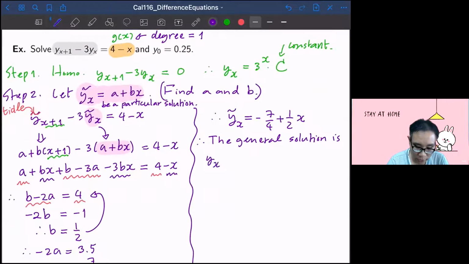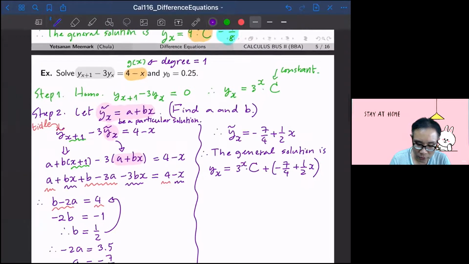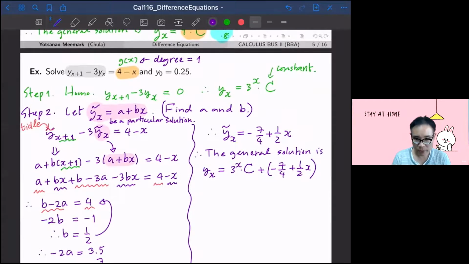Okay, so y(x) equals 3 to the x times C, and you're going to add negative 7 over 4 plus 1/2 x. So this one will be the general solution.